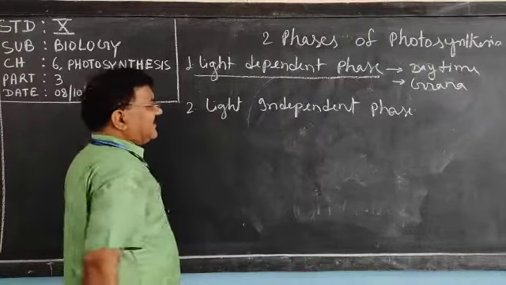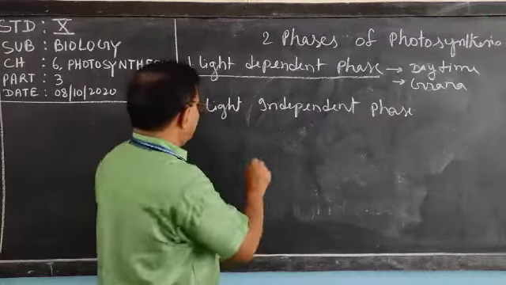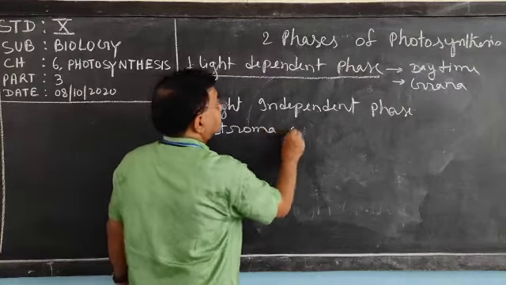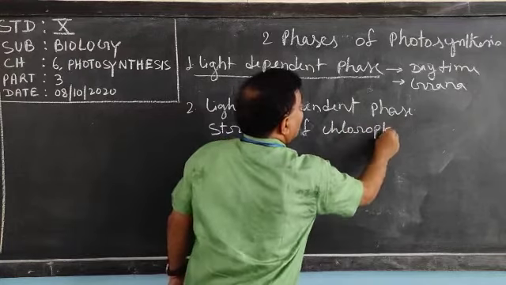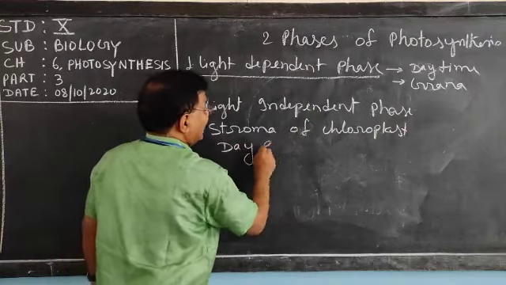The second one is the light independent phase, meaning light is not necessary. It takes place in the stroma of the chloroplast, day and night both.